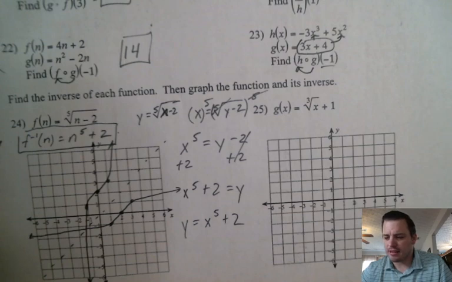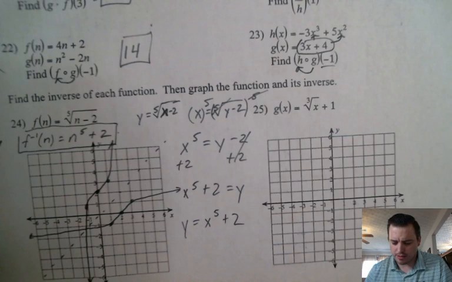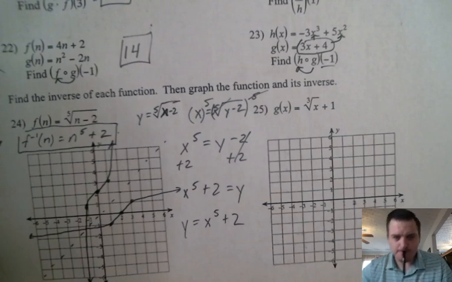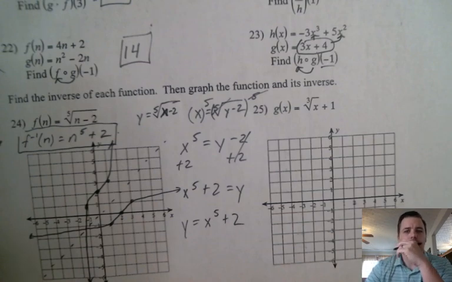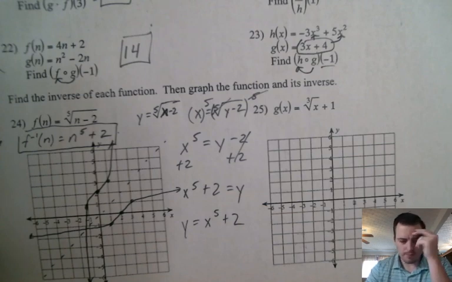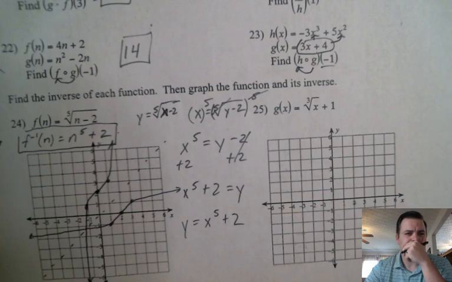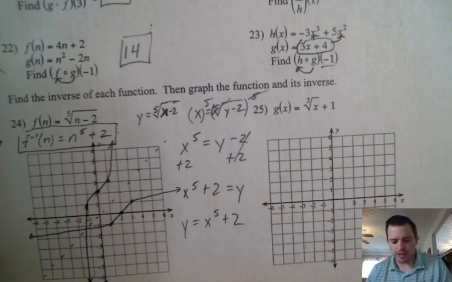When did I say that this was due? Does anybody remember when I said it was due? When do you need to turn it in to me by? Tuesday, good.